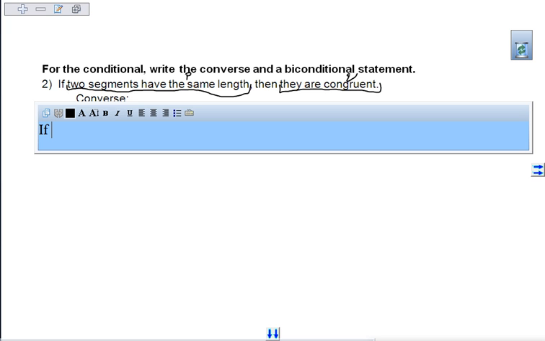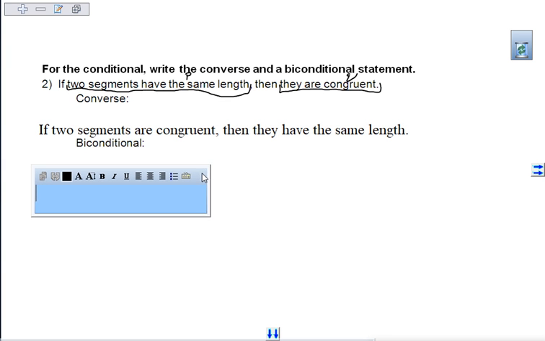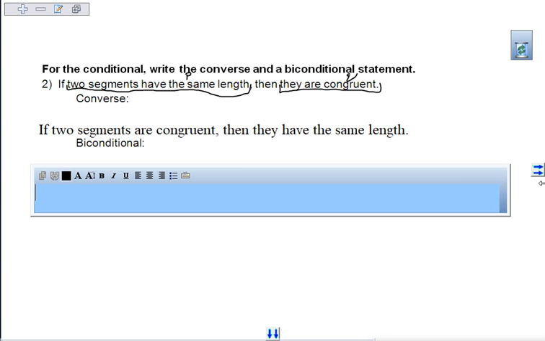If, don't say they, say what it is they refer to. If 2 segments are congruent, then they have the same length. And then we need to write our biconditional statement from that.